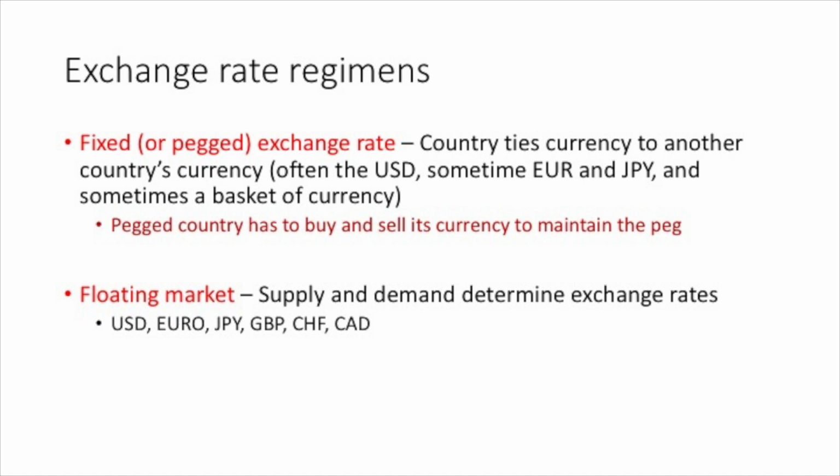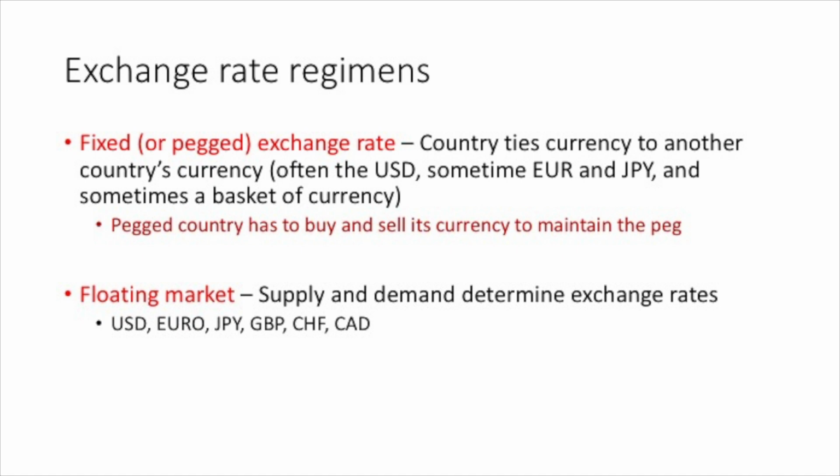Two polar opposite ways countries can control their exchange rate are to have it fixed or floating. In a fixed exchange rate regime, the country tries to tie their currency to another currency. Most often that's the US dollar, sometimes the euro or Japanese yen, and sometimes a basket of currencies.